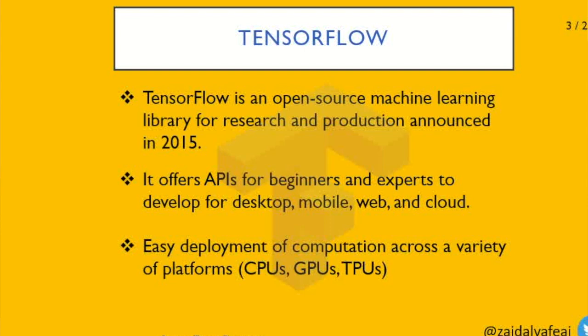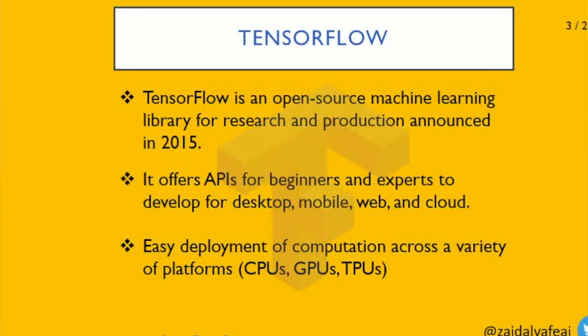It offers APIs for beginners and experts to develop desktop, mobile, web, and cloud applications. So it's easy to deploy computation across a variety of platforms, such as CPUs, GPUs, and TPUs. We all know the CPUs.